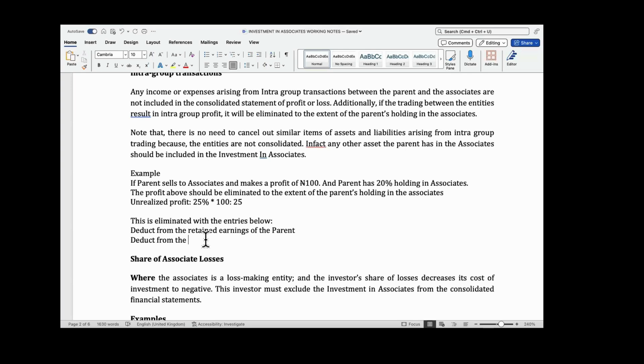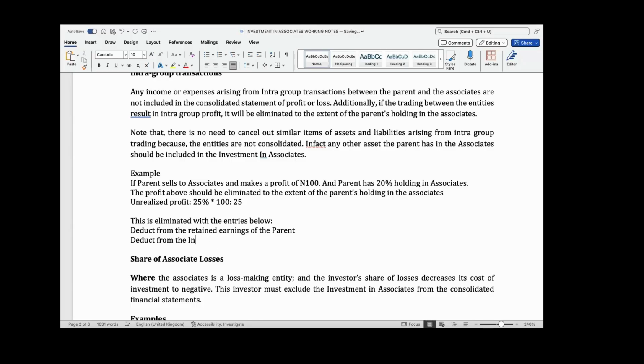So ordinarily, we usually deduct from inventory, but here we cannot because we don't consolidate the associate. So the inventory of the associate would not reflect in the consolidated account. So we cannot possibly deduct from inventory.